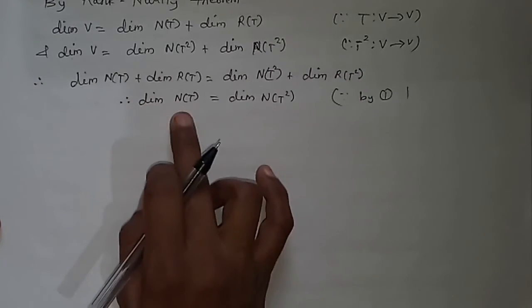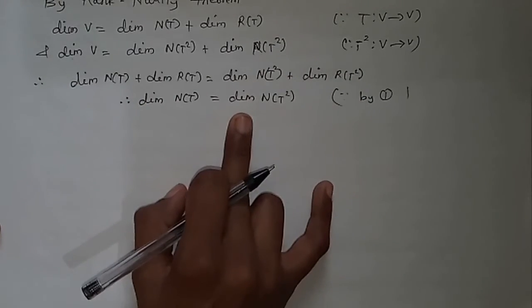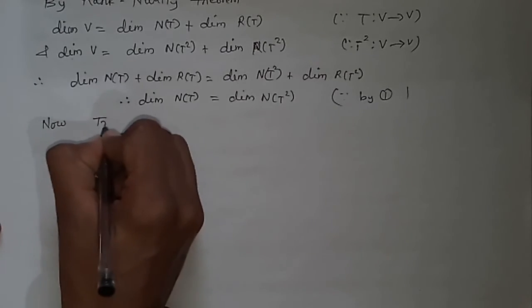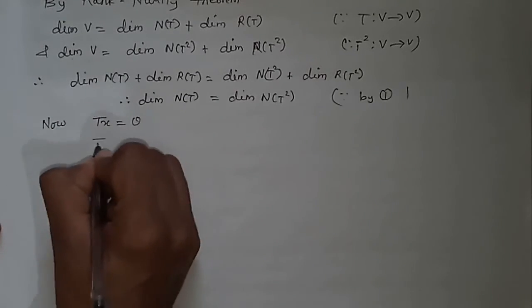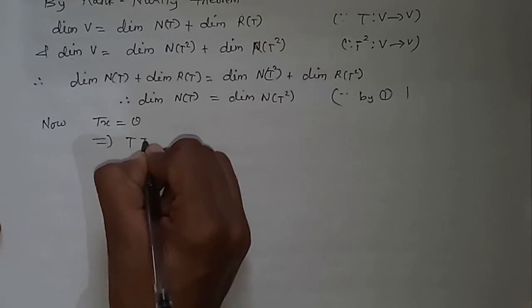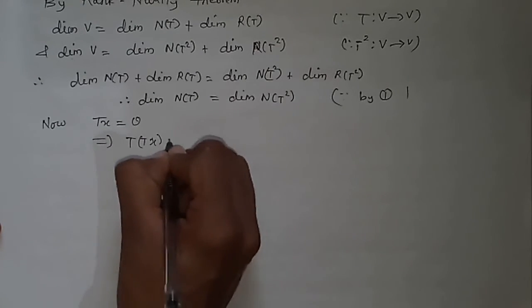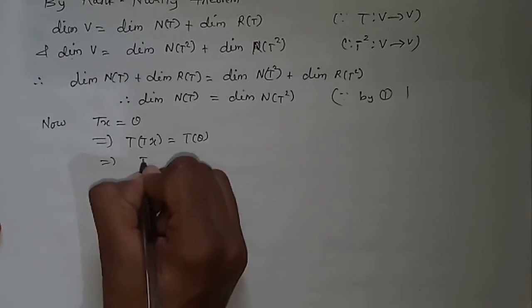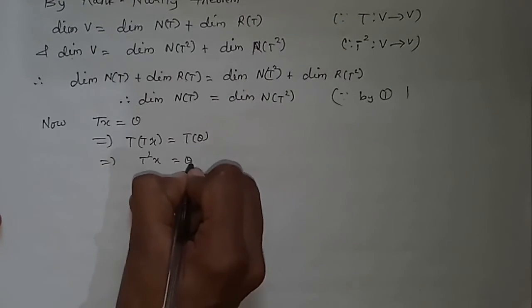Now T of x is equal to theta. Taking composition with T, T of T x is equal to T of theta, but this is equal to T square x is equal to theta.